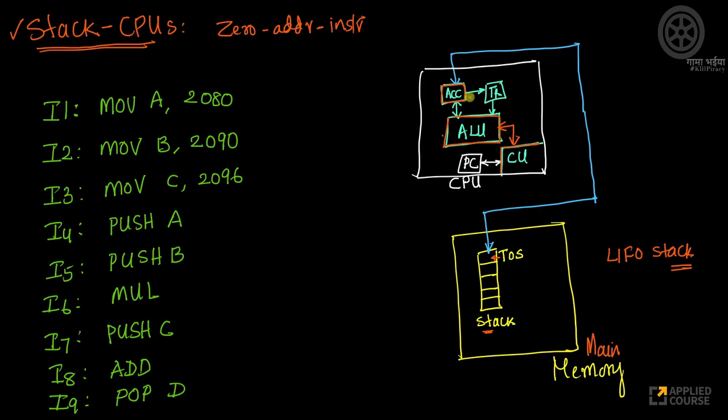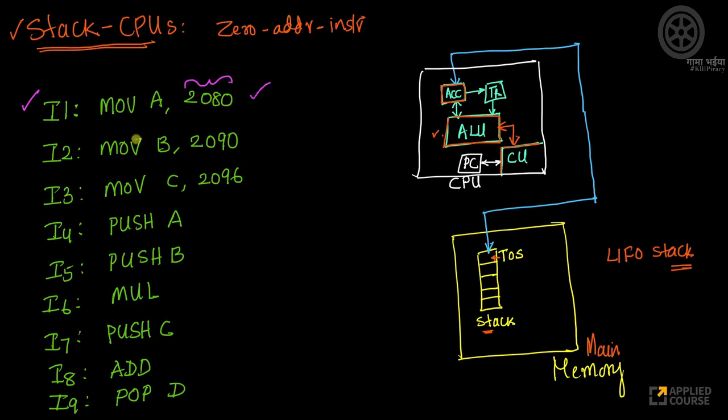Again, this is the basic architecture. Now let's understand slowly how the ALU itself works. Imagine I have a bunch of registers, and let's assume this program. First, this instruction is executed, wherein whatever is in memory address 2080 in hexadecimal is copied to register A. In your stack CPU, you can have instructions like this.